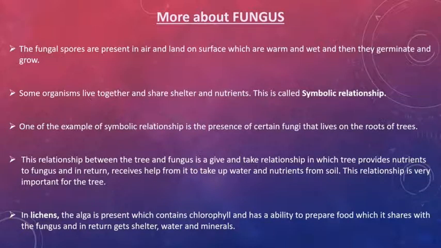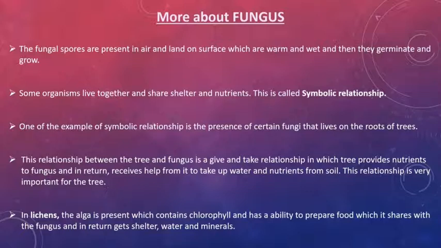Some organisms live together and share shelter and nutrients. These are called symbiotic relationships. One simple example of a symbiotic relationship is the presence of certain fungi that live on the roots of trees.